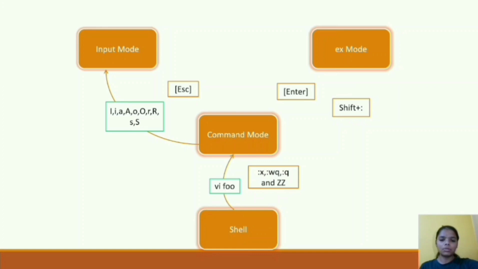From input mode back to the command mode, we use the escape key. From command mode to EX mode, we use shift plus colon. From EX mode to the command mode, and from command mode to the shell, we use :wq, :q, and Shift ZZ to come out to the shell.